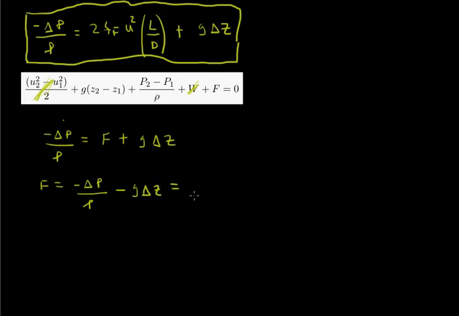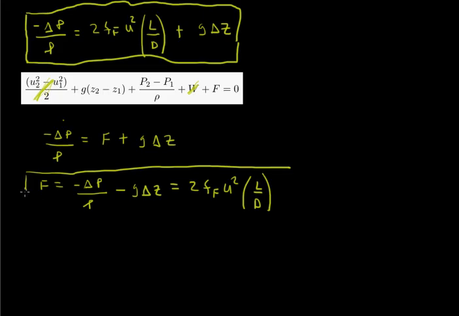I'm just going to say that my frictional effects are equal to 2 times the Fanning friction factor times the average velocity squared times this L over D. So this is the other big derivation. It's very important. We're going to use this all the time when we're doing our pipe and plumbing problems.